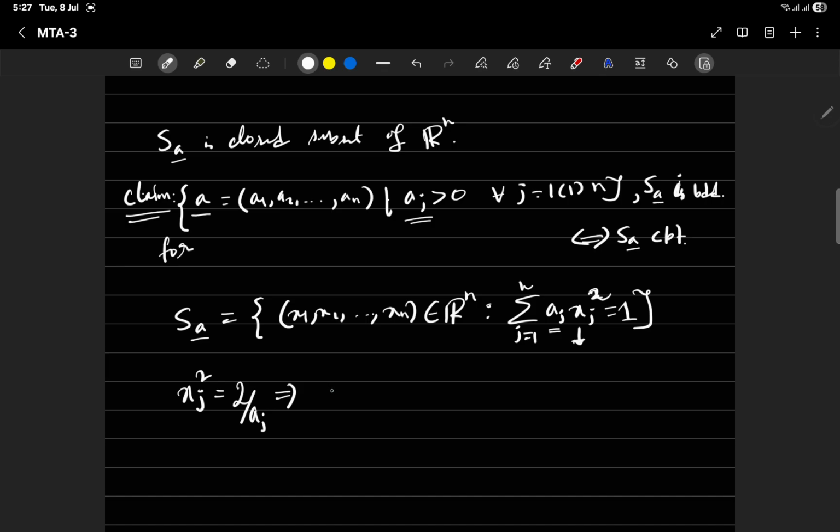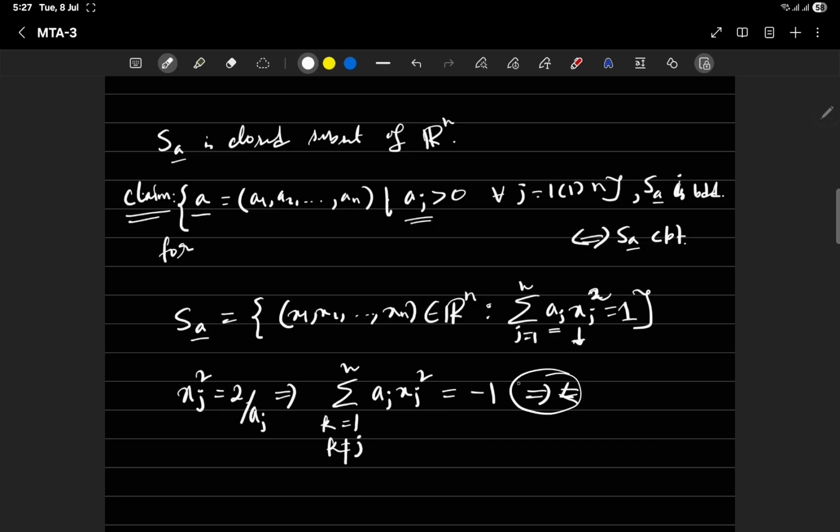then what that means, the summation over k not equal to j, plus aj xj squared is equal to 2, so the remaining sum would be -1, contradiction.